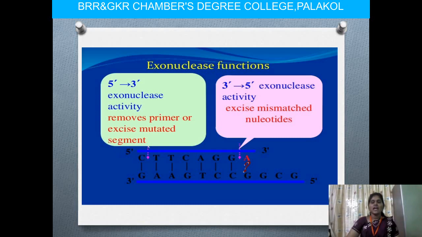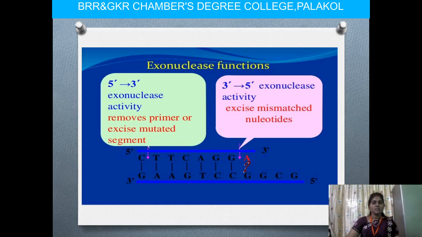That means if there is any mismatch, the mismatched one will be separated and the correct one is inserted. That is called 3' to 5' exonuclease activity.